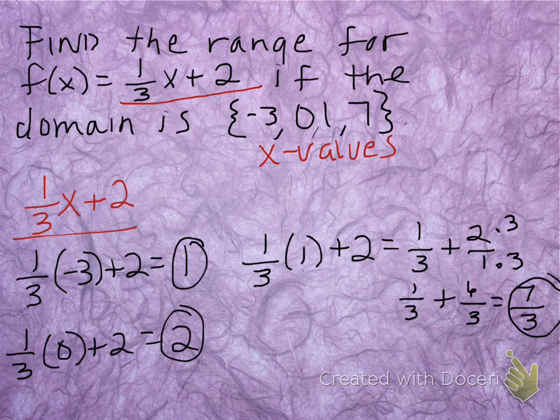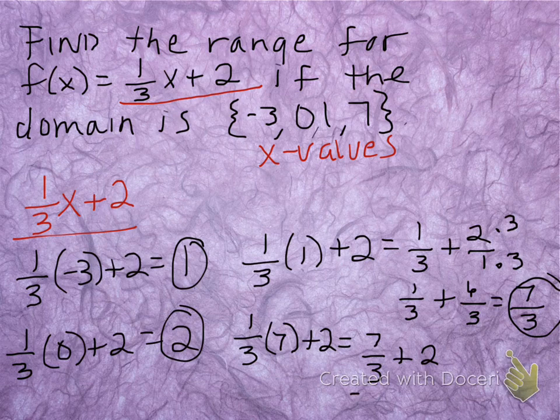My last value is 7 that I'm going to plug in. So 1/3 times 7 plus 2 is going to give you 1/3 times 7 is just 7 over 3 plus 2. Well, we need to have a common denominator again.